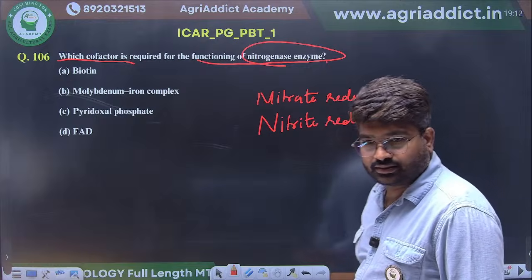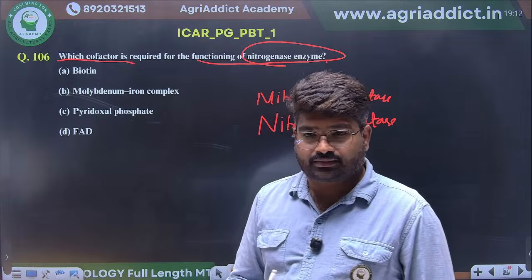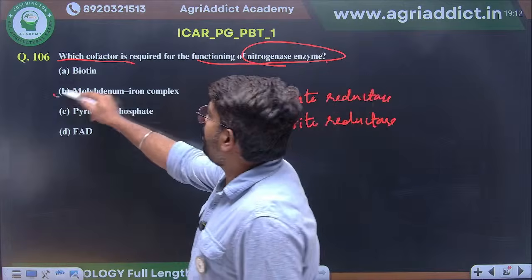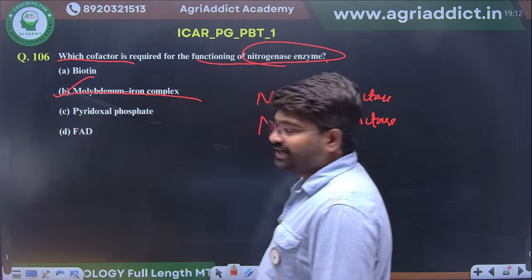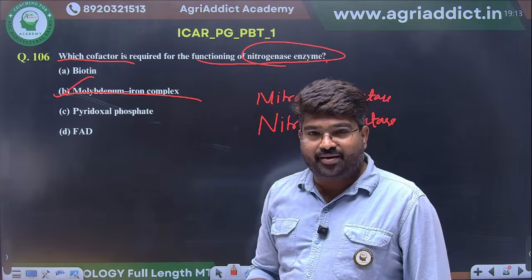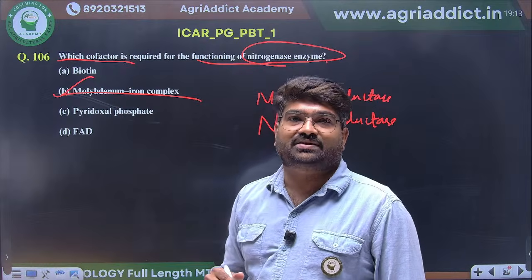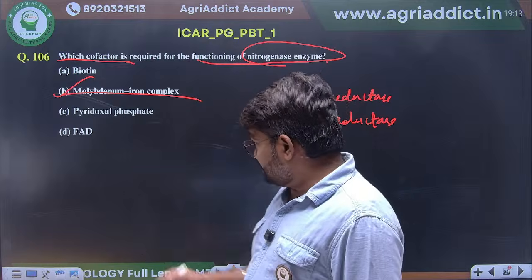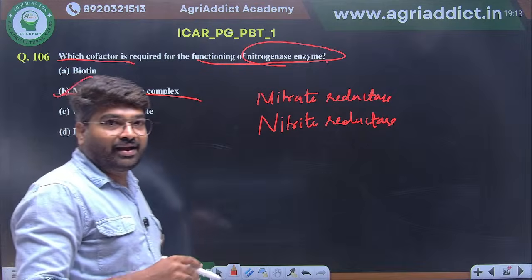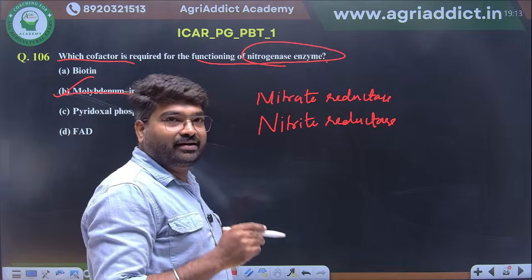C, sir. What will be the answer? B. Option B. Yes. Molybdenum iron complex will be present in nitrogenase. This nitrogenase will be involved in biological nitrogen fixation. As we know, this is a very important concept, students. They asked this in 2019. I wrote my MSc in 2019. That time they asked this question.